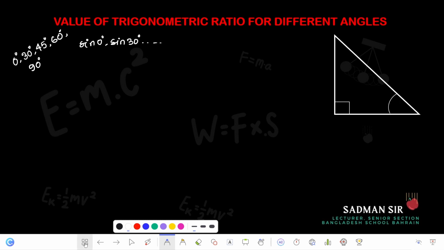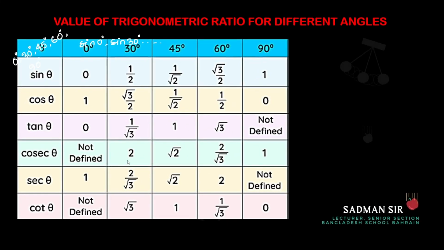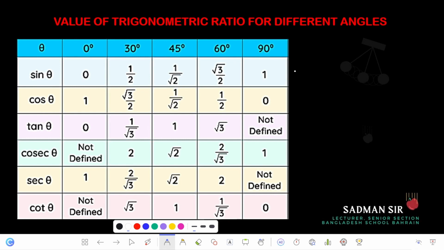So there is actually a table of that, as you can see in this table. Okay, from this table we might have to use the value of, let us say, cos 30. I will show you. Wait. Yeah. So maybe in some problem I might be in need of using the value of sine 30. So this is the line of sine and this is 30.